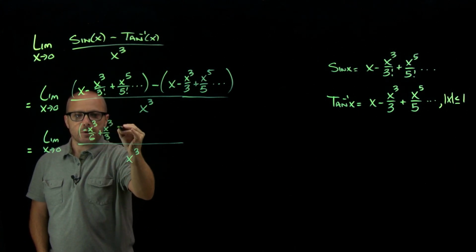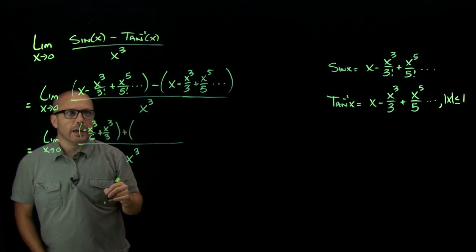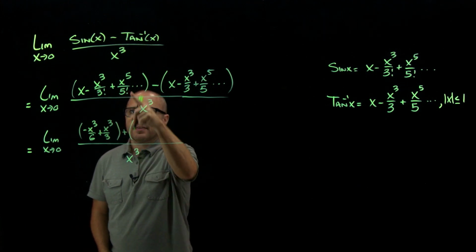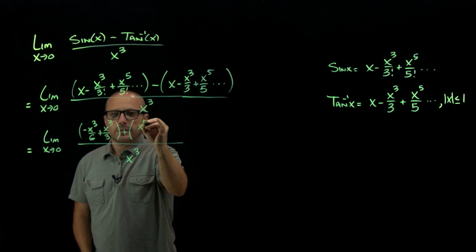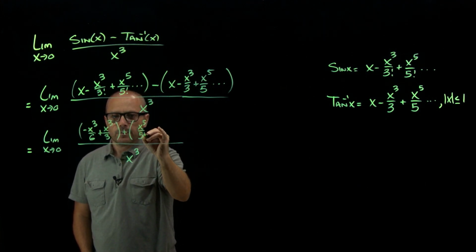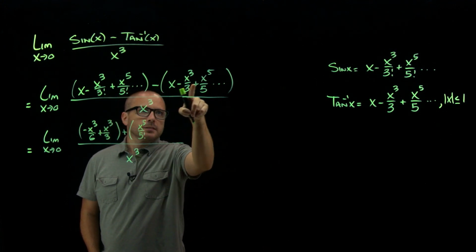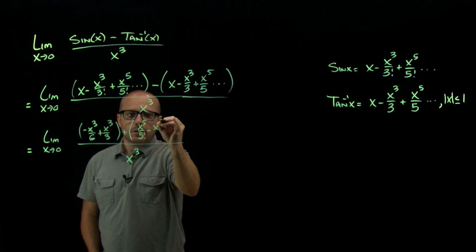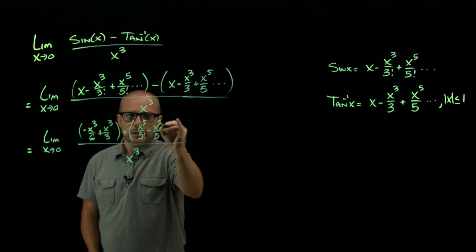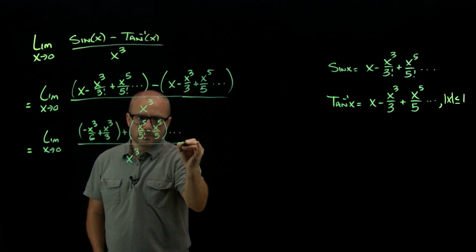That's my x cubed term. Then my x to the 5th over 5 factorial minus x to the 5th over 5, and so on.